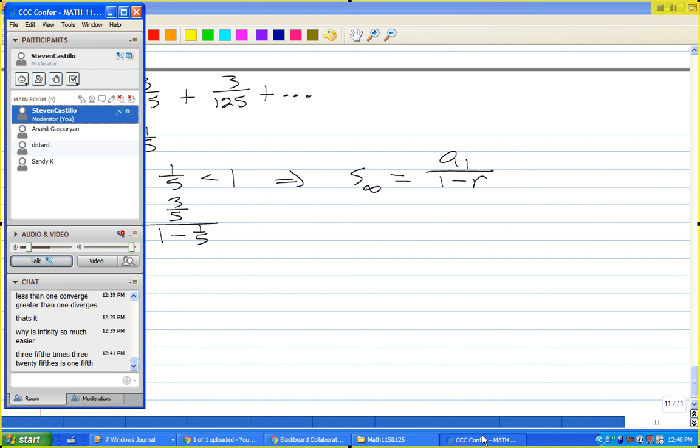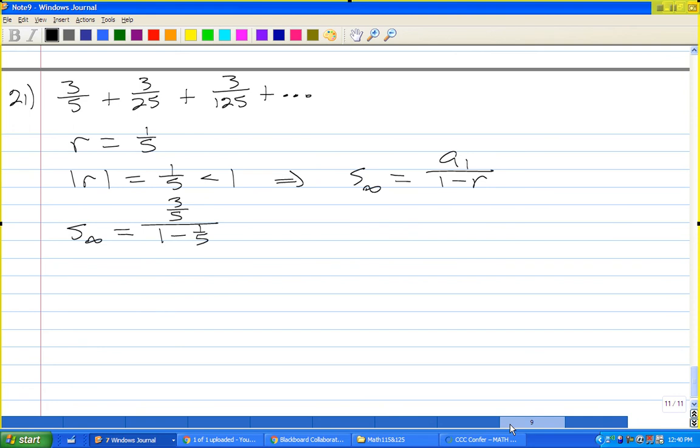3/5 times 3/20 is 3/5 times 3/25 is 9 over 125. Okay, so let's multiply and divide by 5.